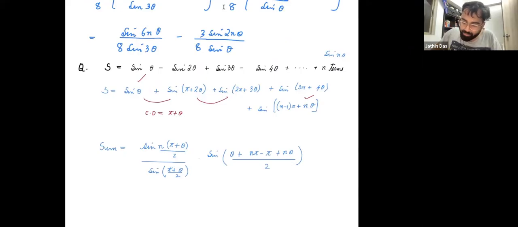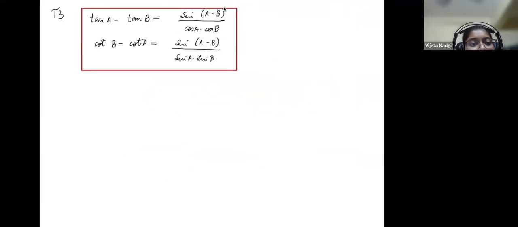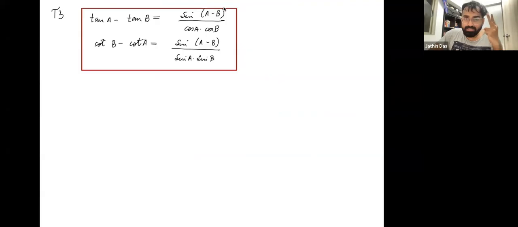In type 3, you will have to apply these formulas. Type 1 was sine series, where the arguments of sine were in an arithmetic progression, and cos, the argument was in an arithmetic progression. This is type 3. Now it will not be easy. But when I give you many types, you will get the hang of it. Okay, 1 second.